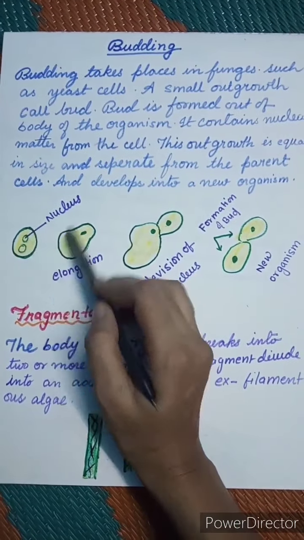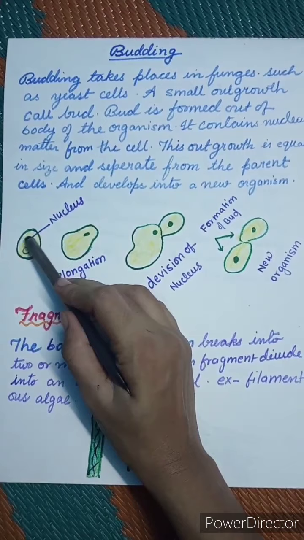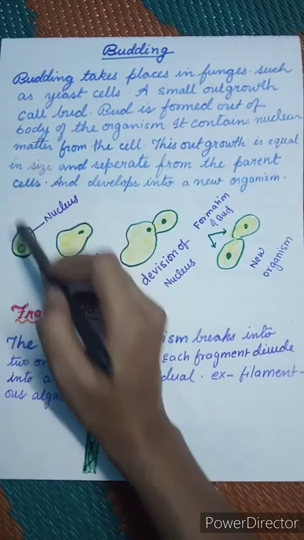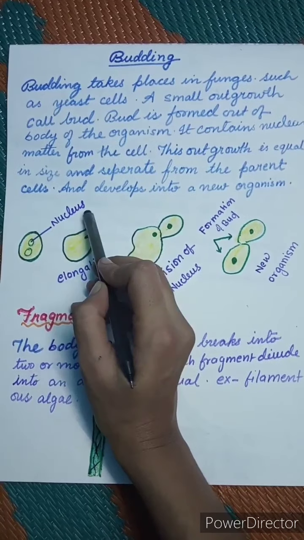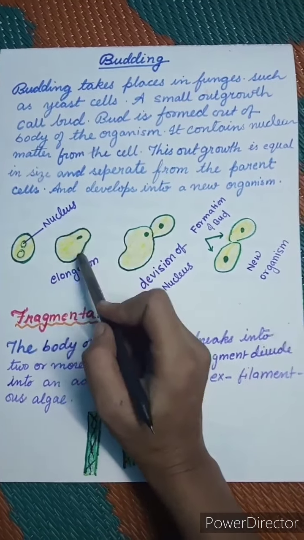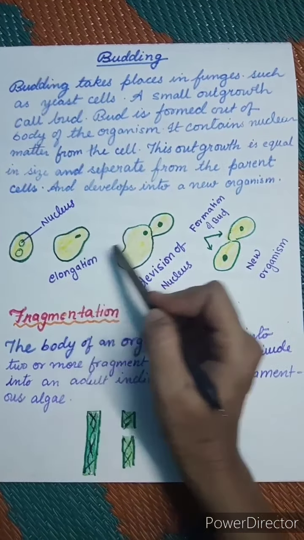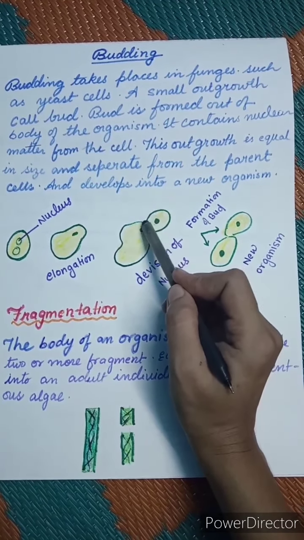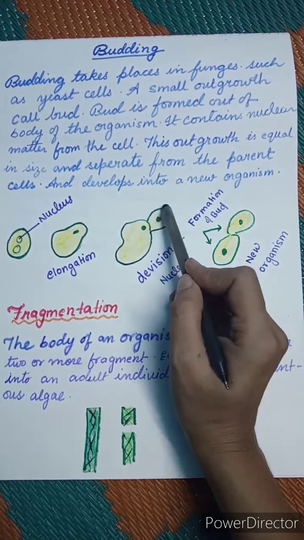Suppose this is a parent cell, and it contains nuclear matter, called the nucleus. It starts elongating. So elongation occurs here, and then a bud forms.